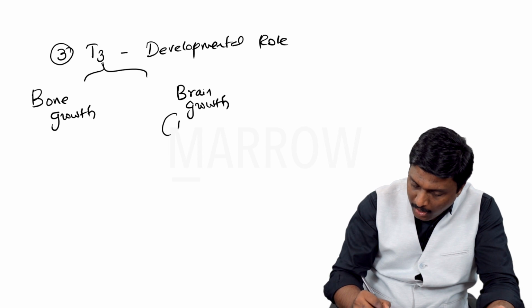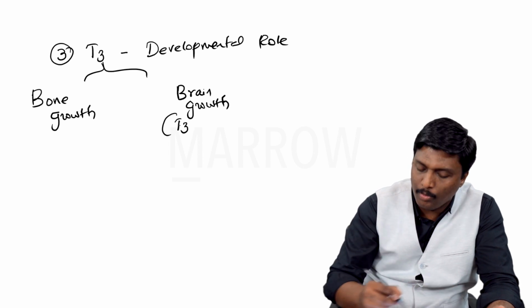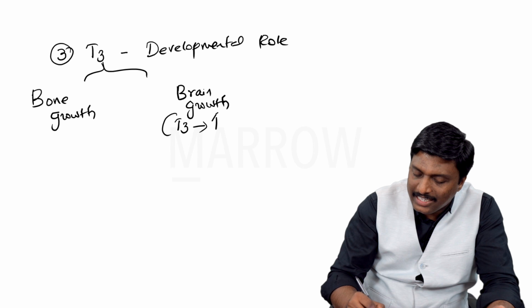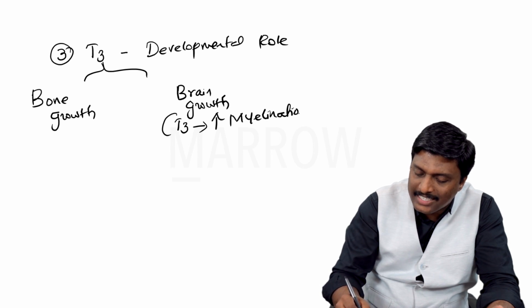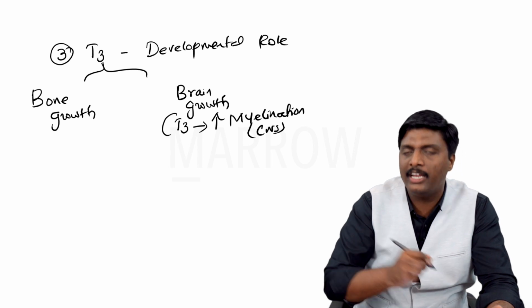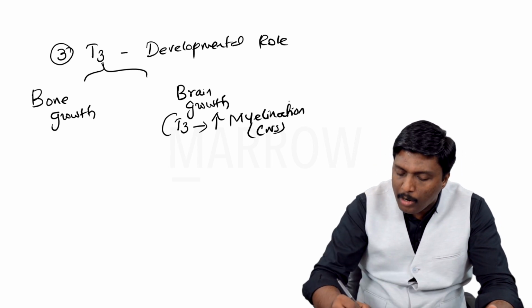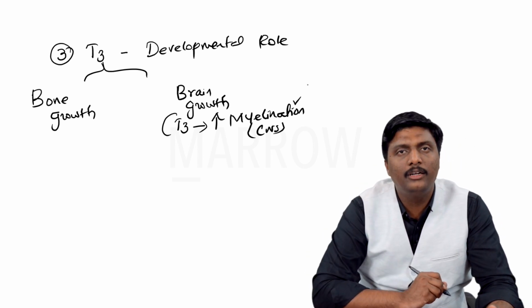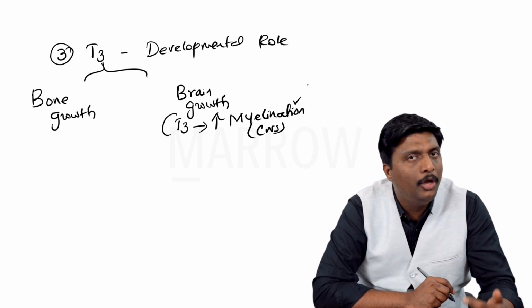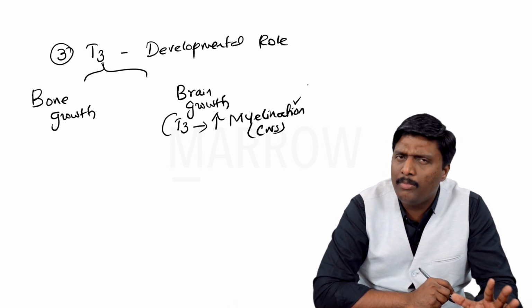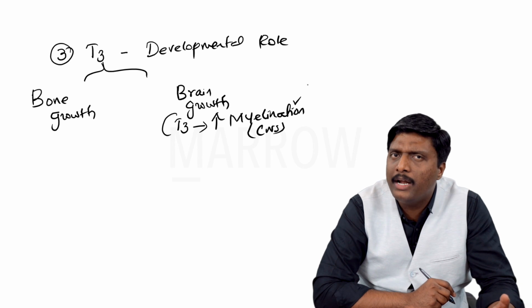Brain growth means what? Under the influence of thyroid hormone, there is an increase in myelination throughout the central nervous system. Very important MCQ. Thyroid hormone increases myelination and speeds up nerve conduction throughout the central nervous system. Those are the normal physiological roles. How to remember it clinically?